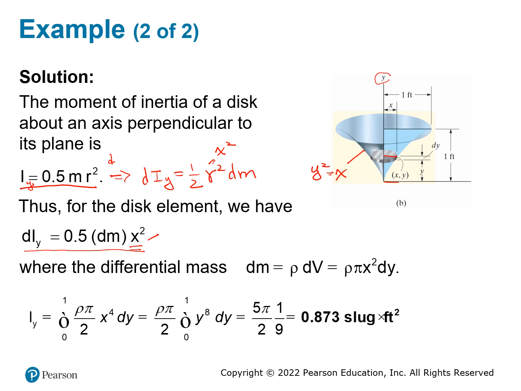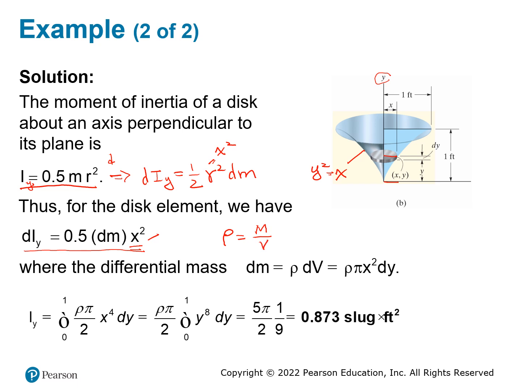Now, we're going to replace the dm, because in this figure there's no way you can find out the information about the dm. And we have an equation to relate the density, because this was one of the pieces of information given in the problem. The density is equal to mass divided by the volume.